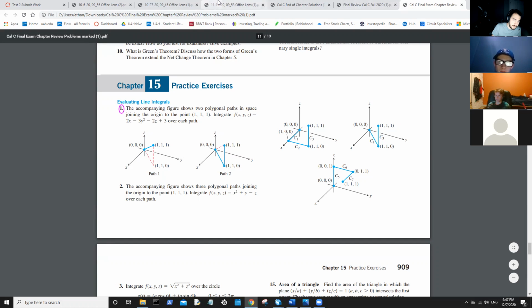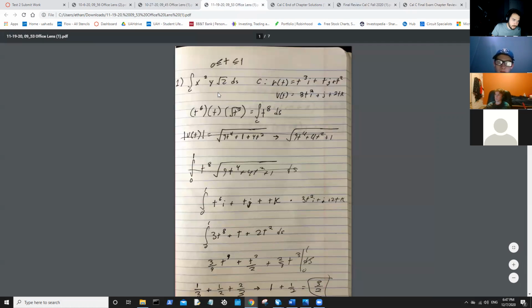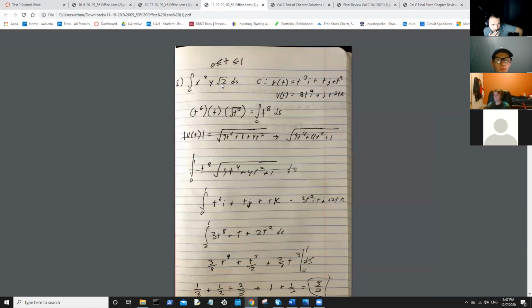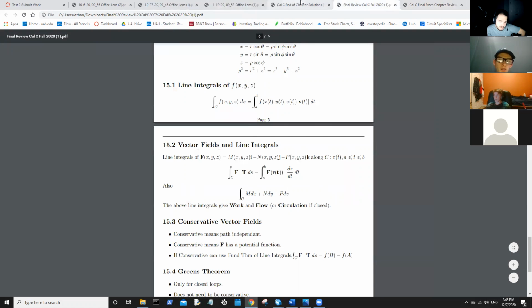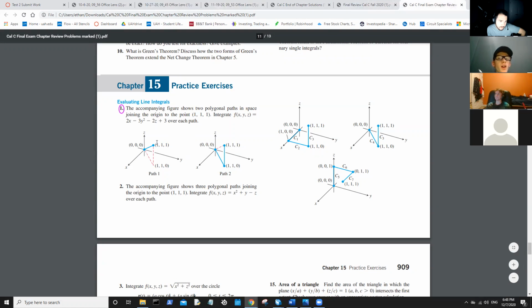Let's look at this. This is from 0 to 1 for t, and this is the function that was given: x squared y root z. Is it going to be ti plus tj plus tk?